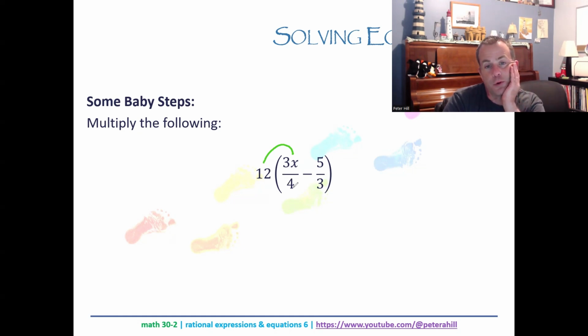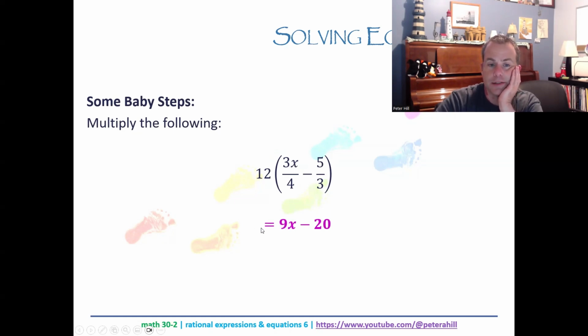So 12 divided by 4 is 3, and then I'll multiply it by that 3. That's going to give me 9x. And then 12 divided by 3 is 4. If I multiply that 4 by the subtraction of 5, that'll give me minus 20. So that would get me 9x minus 20.